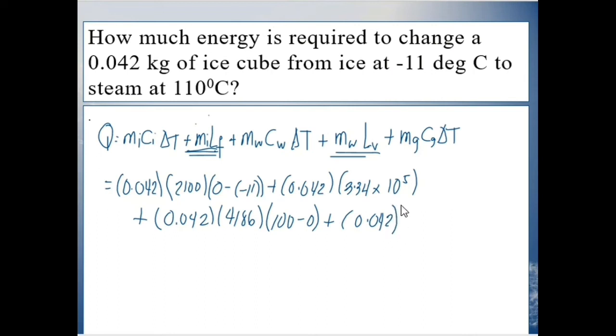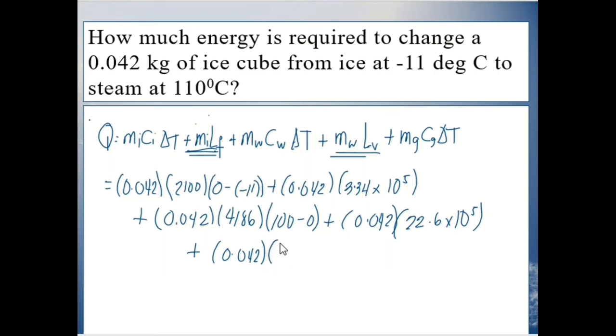Latent heat of vaporization for the water is 22.6 times 10 to the 5. And then the last one, mass is 0.042 again.